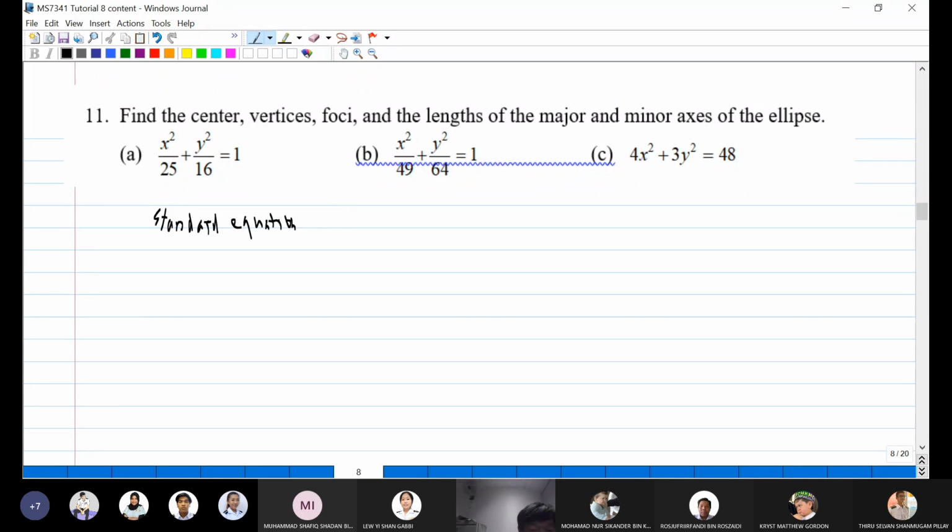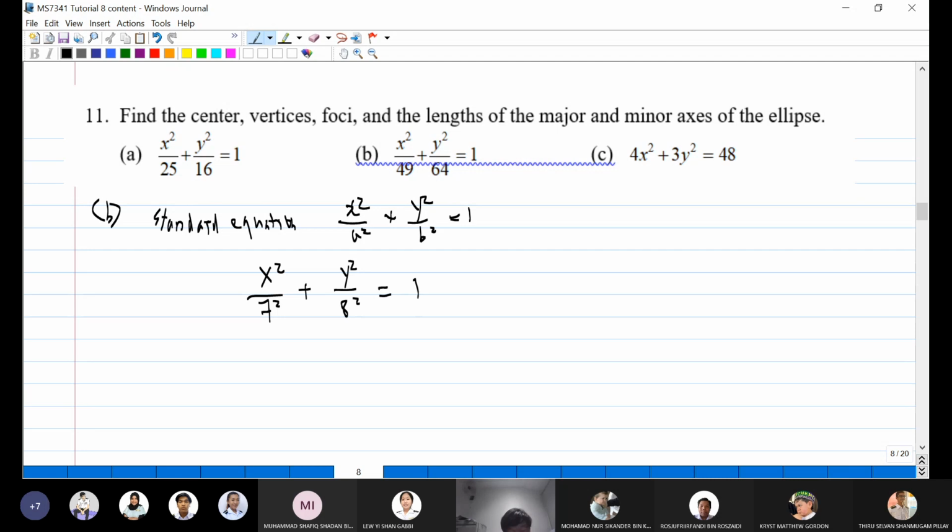It could be x squared or y squared. So x squared over a squared plus y squared over b squared is 1, right? Now look at the equation. Now you have x squared over 49, which is 7 squared, and y squared over 64, which is 8 squared, equals 1.